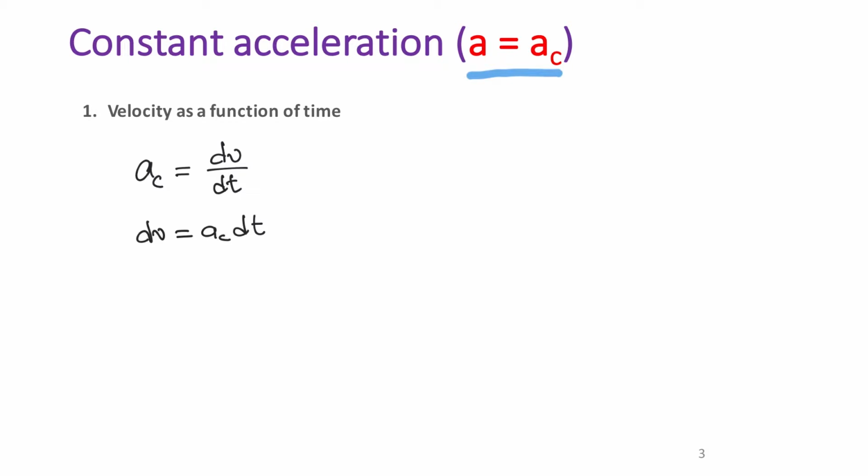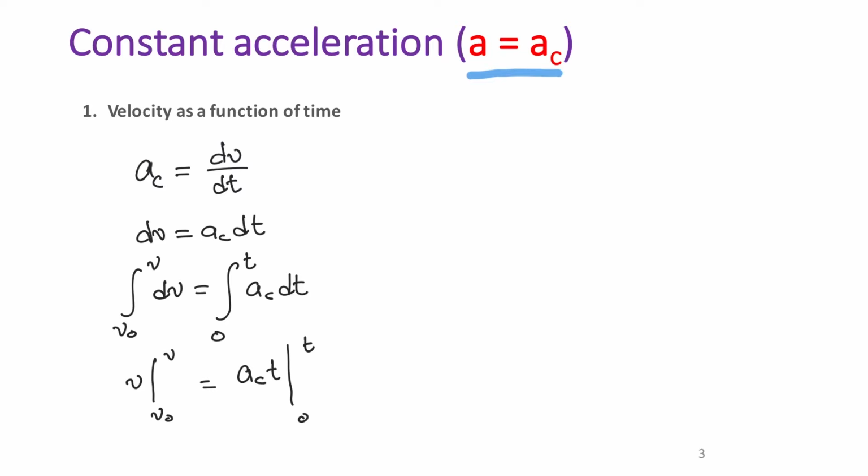Now, we are going to take the integral from v0 to v for dv, which is equal to the integral from 0 to time t for a_c multiplied by dt. Now, clearly, if we take the integral over here, we will get v going from v0 to v, which is equal to a_c multiplied by t from 0 to t.